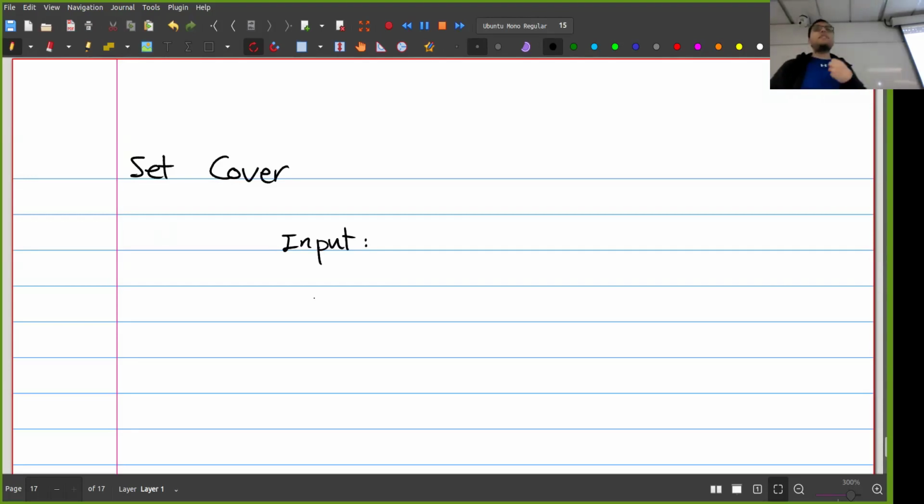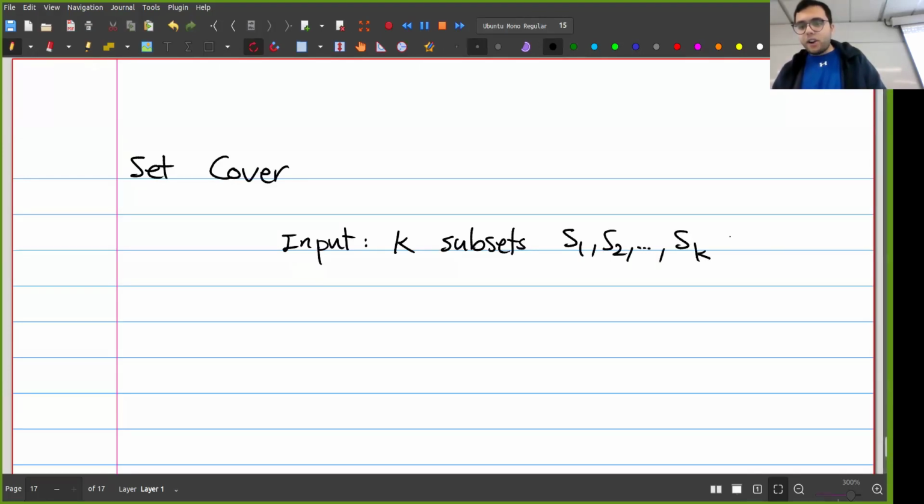Okay, so let's say I have k subsets, S1, S2 to Sk, and all of them are subsets of the numbers from 1 to n. Okay. Now I want to pick some of my subsets so that they cover all of my numbers. But I want to pick as few of my subsets as possible.